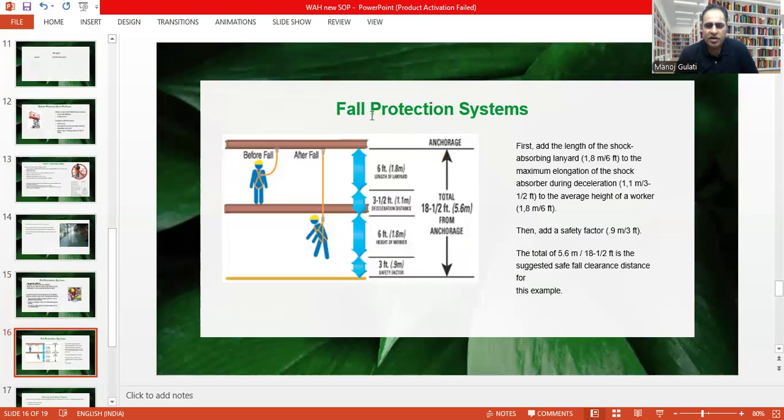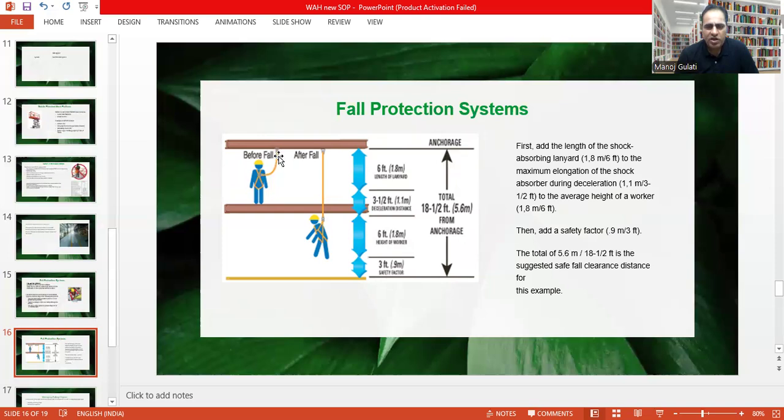But there are certain guidelines for the usage of the fall protection system. Fall protection systems should be carefully designed, considering certain parameters. As I mentioned, if a person is using the fall arrest system, he wears a safety lanyard, and the safety lanyard has a shock absorber and then a fall arrestor.